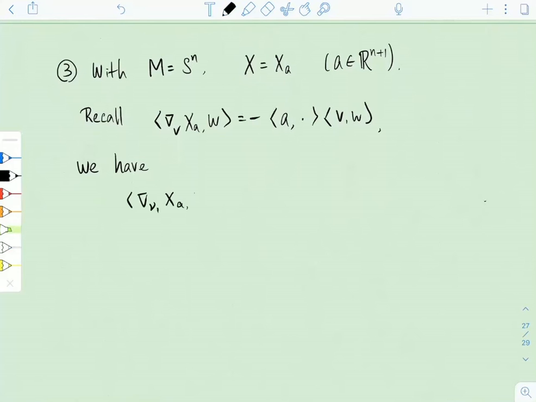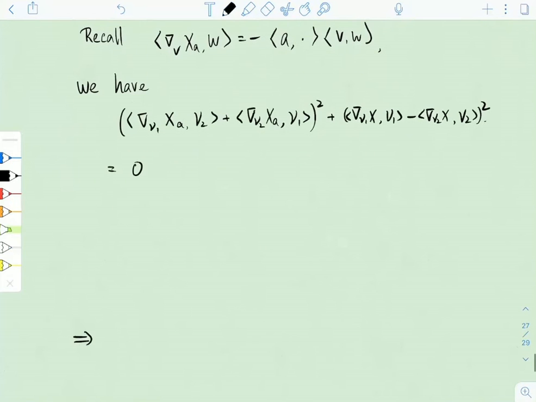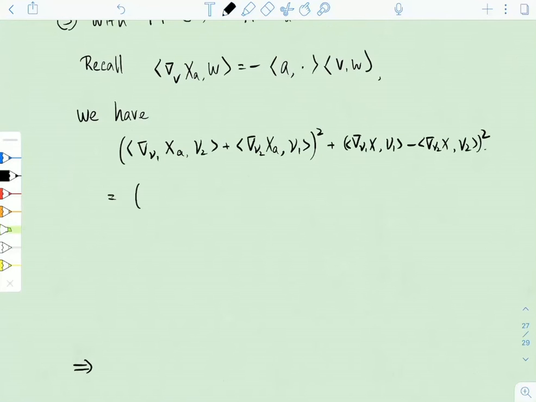Okay, so this. I'm just writing down the error terms again. But using this formula down here, you can see immediately that this error term has to vanish. Okay, this is 0. So, let me be a little more detailed here, I guess.